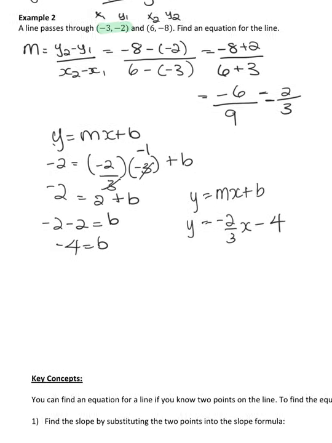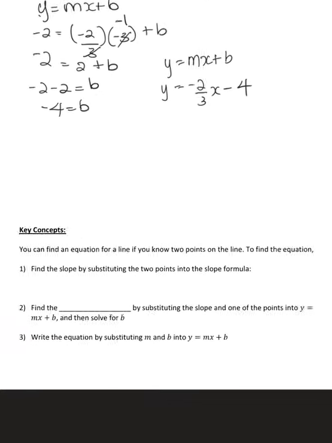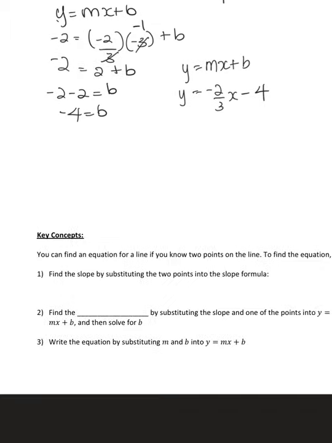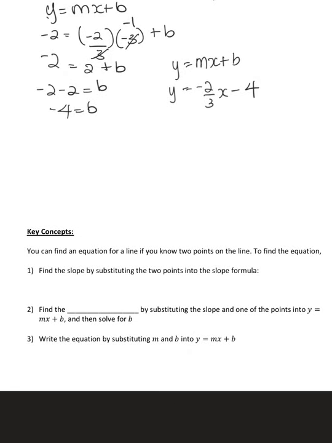Let's just go over some key concepts. You can find the equation of a line if you know 2 points on the line. To find the equation, the first thing you're going to do is find the slope by substituting the 2 points into the slope formula, which we just said was slope equals y2 minus y1 over x2 minus x1.